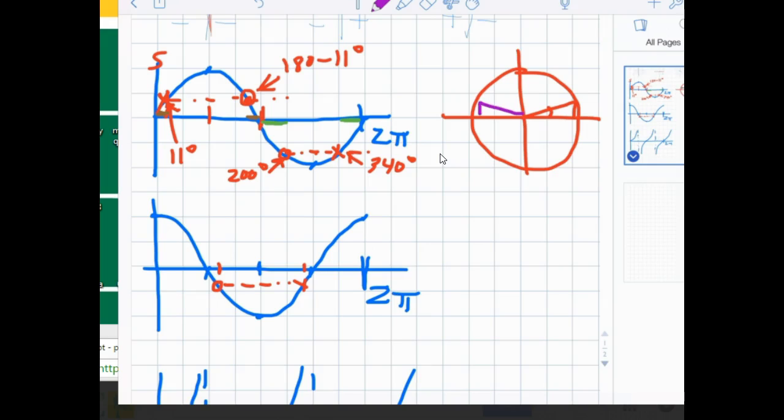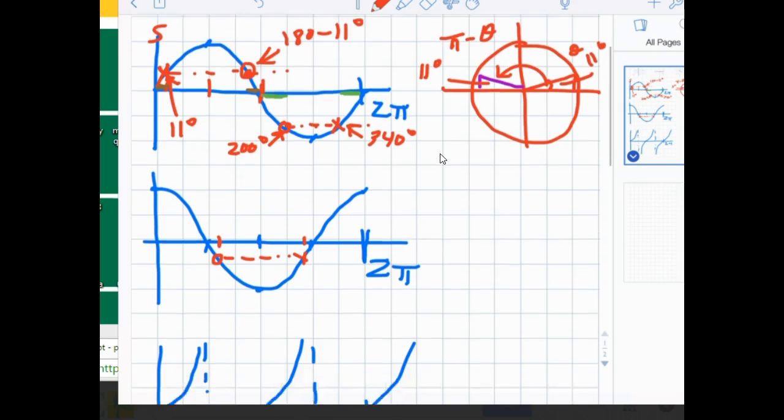And so we can see here that if this is 11 degrees, then this is also 11 degrees. And so how could we find this angle, which is the purple angle? It would be 180 minus 11 degrees. Or in radians, it would be pi minus theta, right? If theta is 11 degrees, it would be pi minus theta, or you could say it's 180 degrees minus 11 degrees. Okay? The reason why this went on so long is because I'm trying to give you multiple ways of looking at it, but you only need one way that really makes sense.